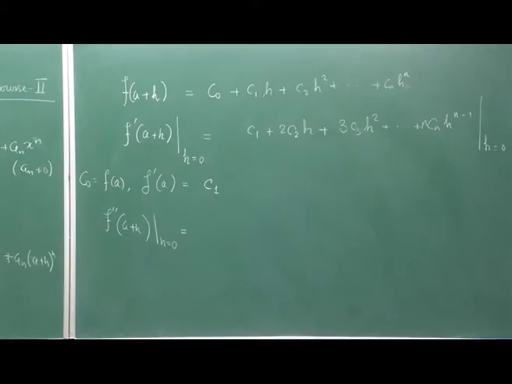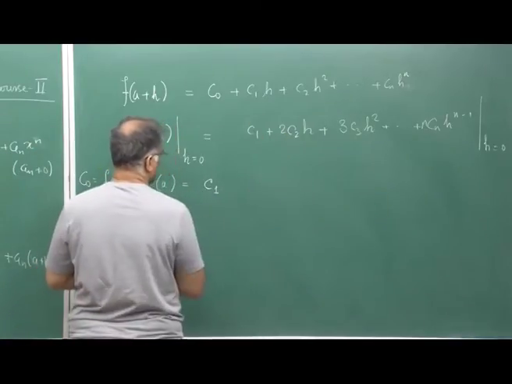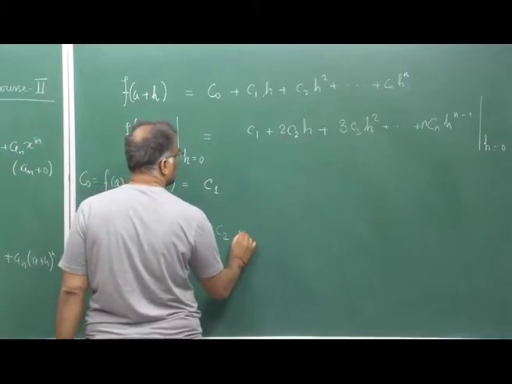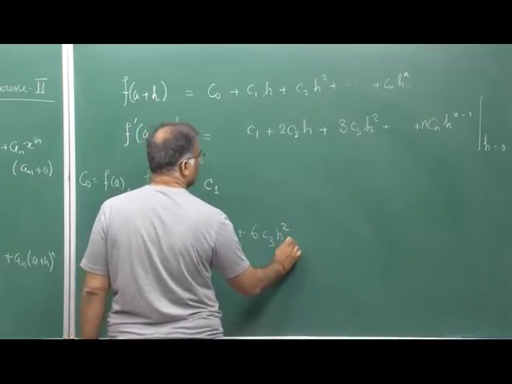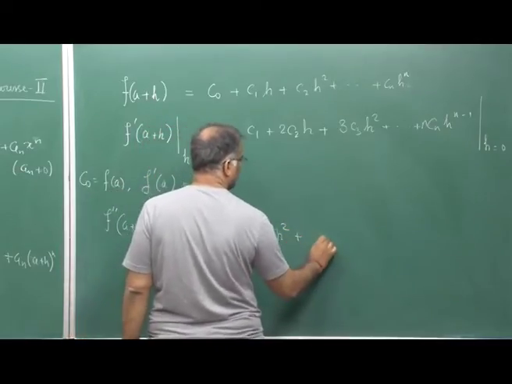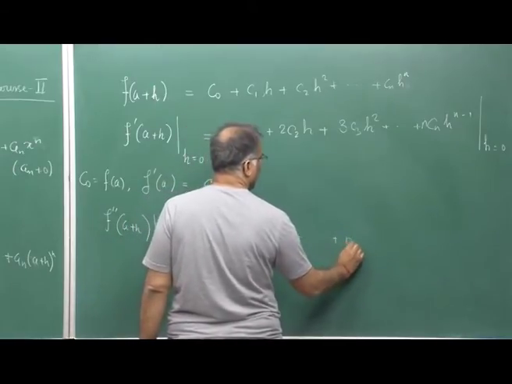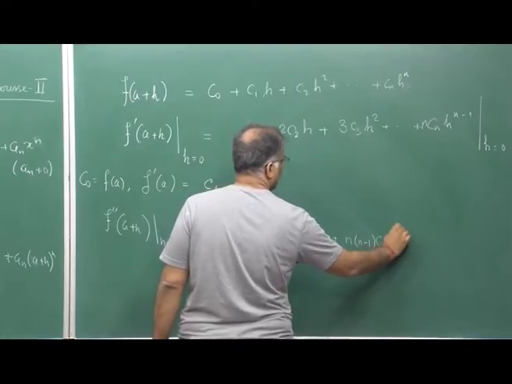Now, if I do the second derivative, means I take a derivative of this, it will become 2C2 plus 6C3h plus so on up to n into n minus 1 Cn h to the n minus 2.